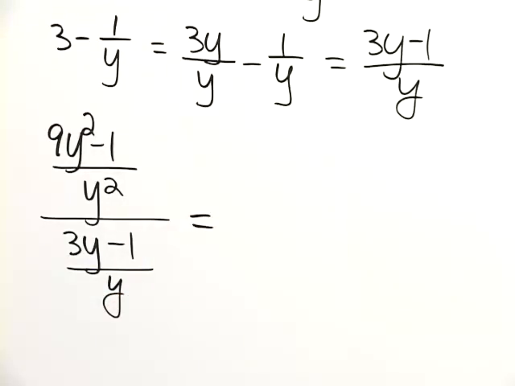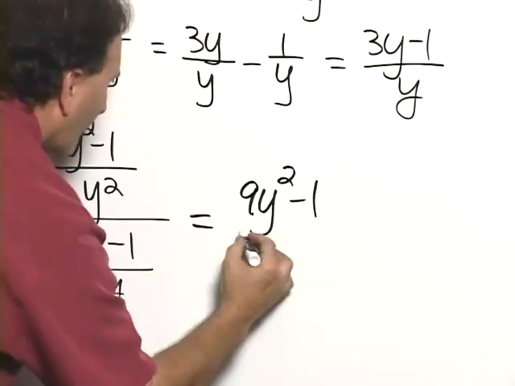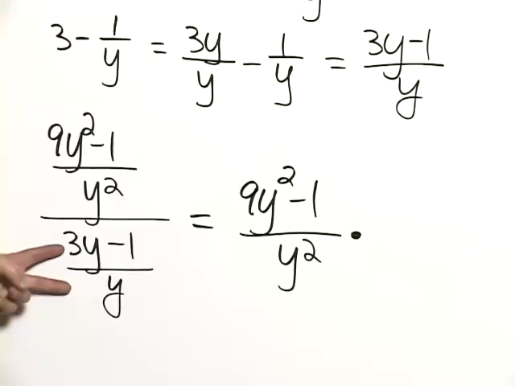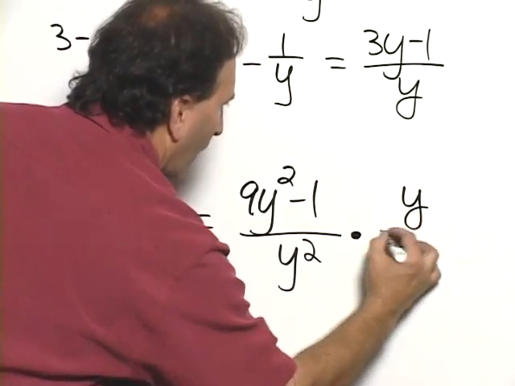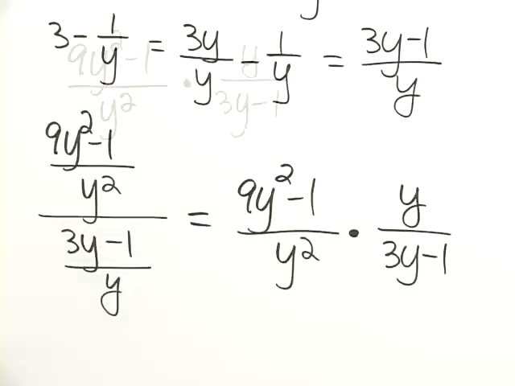So this is equal to 9y squared minus 1 over y squared times, and now we write the reciprocal of the denominator, so that would be y over 3y minus 1.